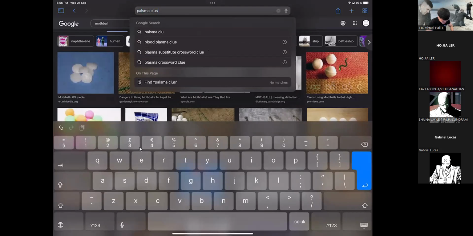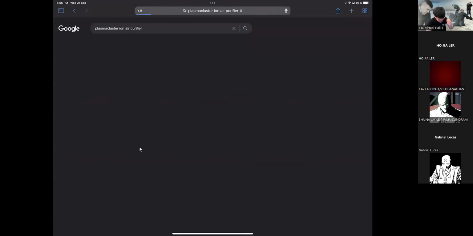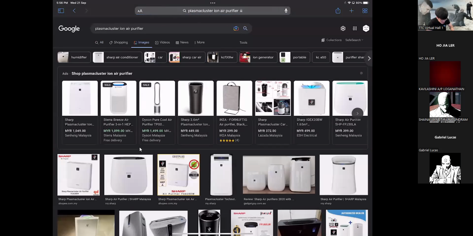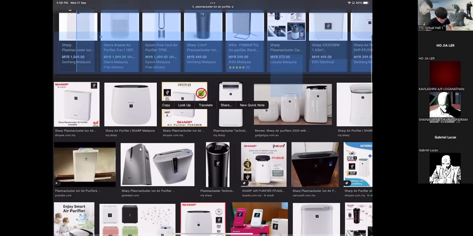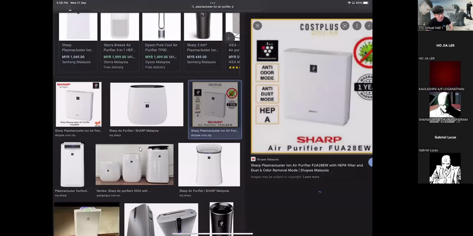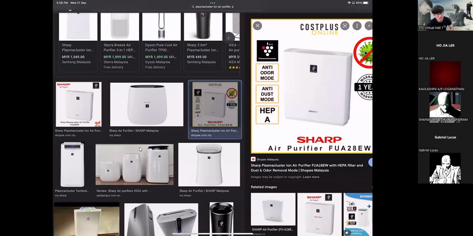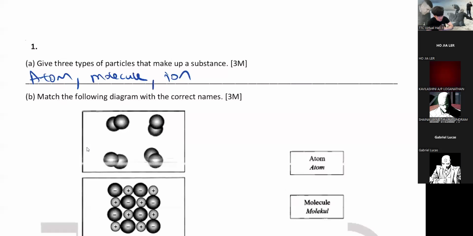Some brands like Sharp and Panasonic have this ion technology that is supposed to kill bacteria in the air. Does it work? Yes, it does. That's why they are selling it at quite a high price. So you buy Panasonic, you will know.